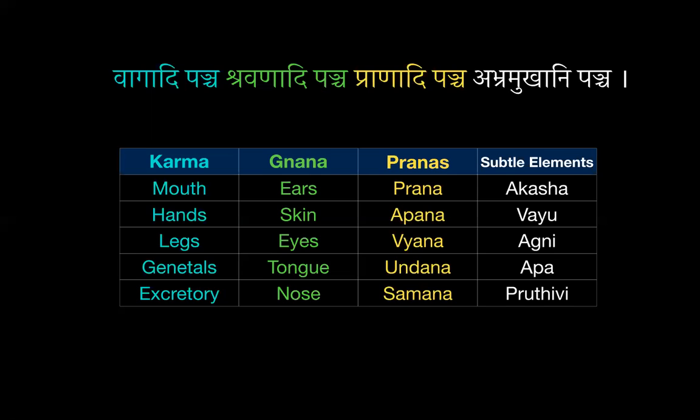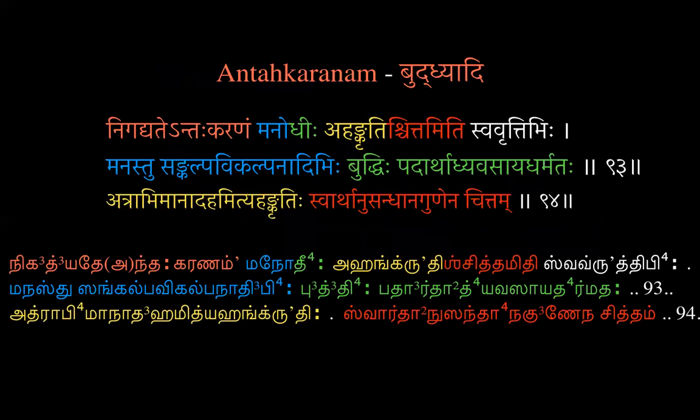These are all the five subtle elements. So up to this, we have seen in the last class, and we have seen the introduction of Antakaranam. In the shloka, it is told as Buddhyadi. Antakaranam. Adi Shankara gives a technical name called as Antakaranam, and it only has four components.